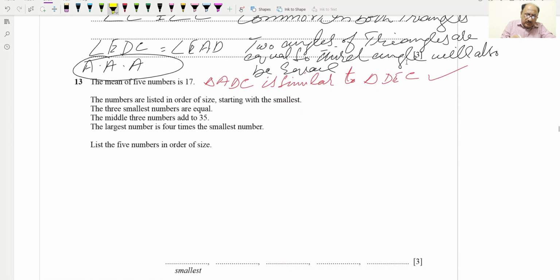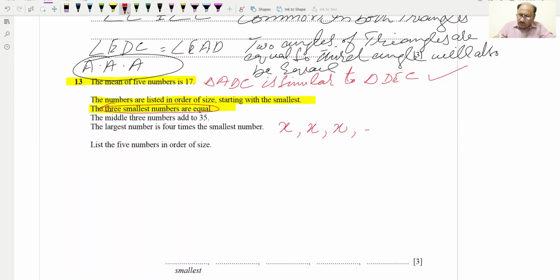Now question number 13 says the mean of five numbers is 17. The numbers are listed in order of size, starting with the smallest one. The three smallest numbers are equal, so we don't know the numbers, but there are five numbers. First number is x, second is x, third is x, because the three smallest numbers are equal.